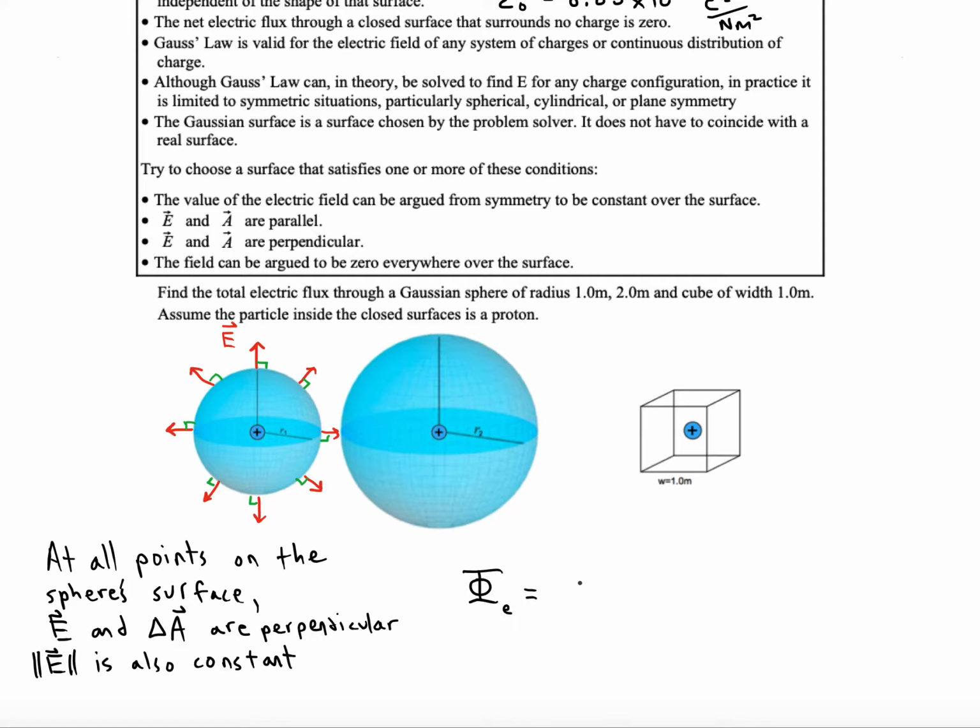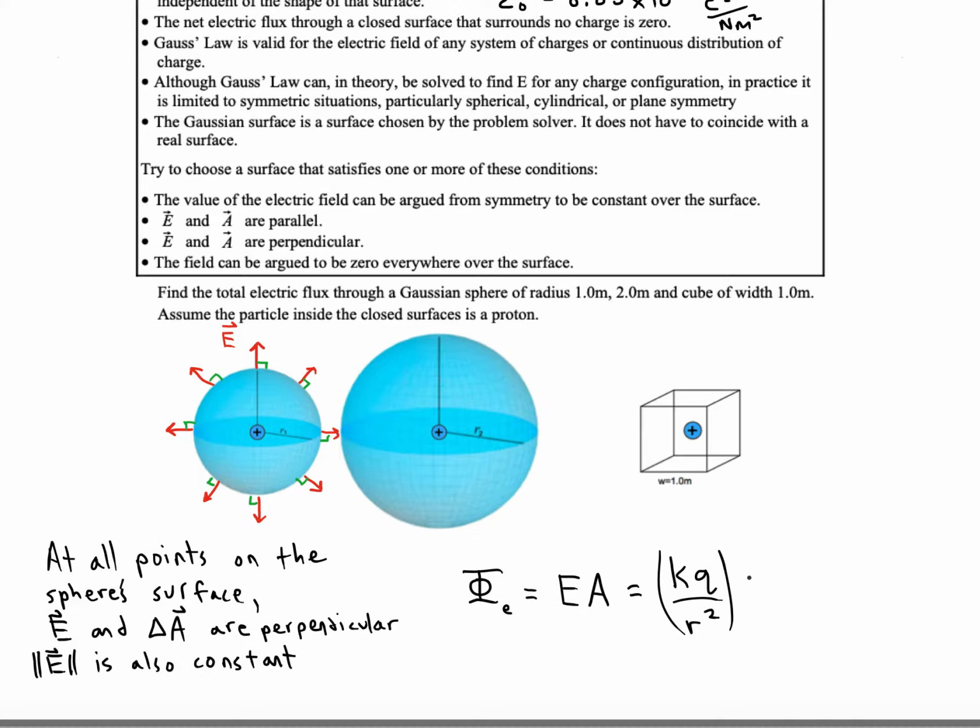So in this particular case, the electric flux will simply be given by the magnitude of E times the area of the sphere. But this means we have to find both of these things. We have a rule for electric field. It's K Q over R squared. And we have a rule for area of a sphere. It's going to be 4 pi R squared. That's just from geometry.